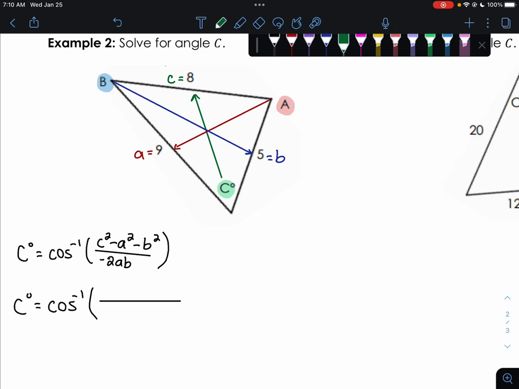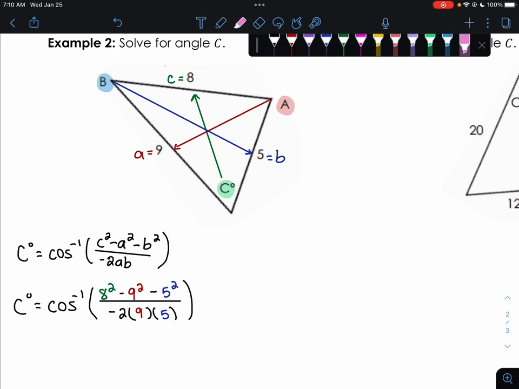We know C is 8, so 8 squared minus A squared, so minus 9 squared, minus B squared, which we know is 5 squared, all over negative 2 times A times B. Again, A was 9, B was 5. So it should look like that.